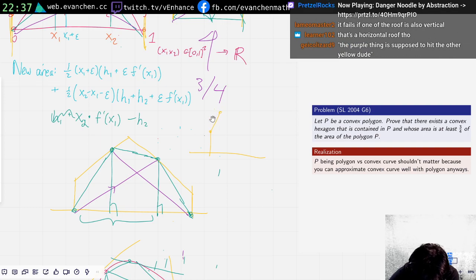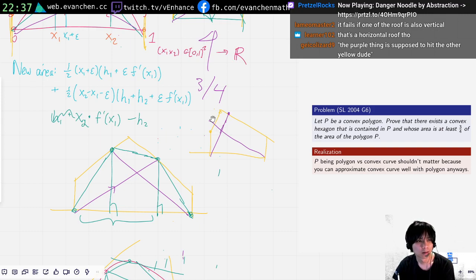And what happens when that happens is this is near vertical, and then the other roof can do whatever. So we draw a purple segment that looks like that. Does it fail? Wait, why does it fail?